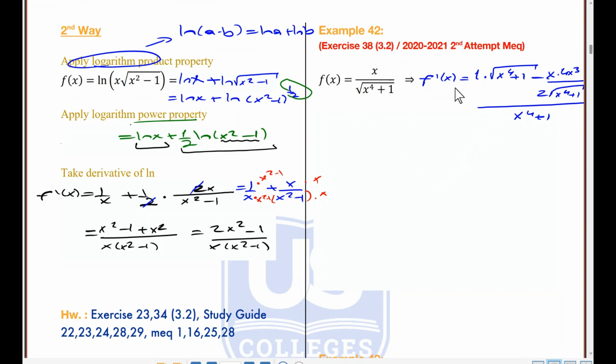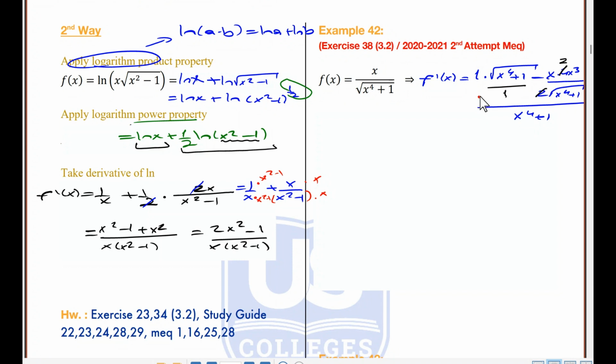So now this involves simplification. We have different denominators. The denominator of the first one is 1, the second one is this. And I can simplify 4 and 2. Now, how do I make them the same? I should get the common denominator by multiplying top and bottom of the first one by square root of x to the fourth plus 1.